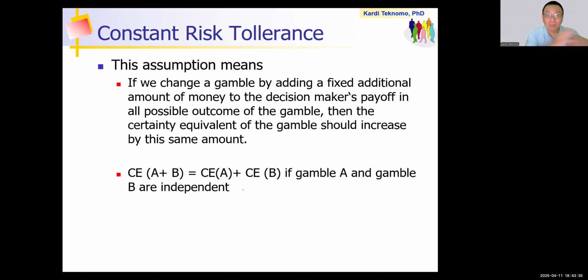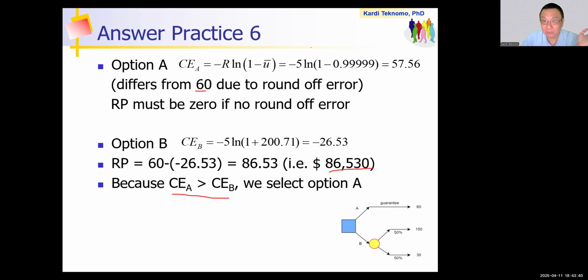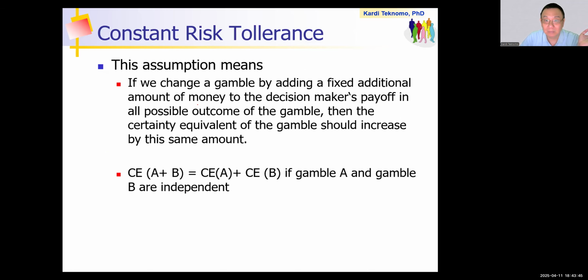So what's the meaning of constant risk tolerance that we use here? The R here is constant, so we set that. This is actually an assumption. That means if we change the gamble by adding a fixed additional amount of money to the decision maker's payoff in all possible outcomes of the gamble, then the certain equivalent of the gamble should increase by this same amount.